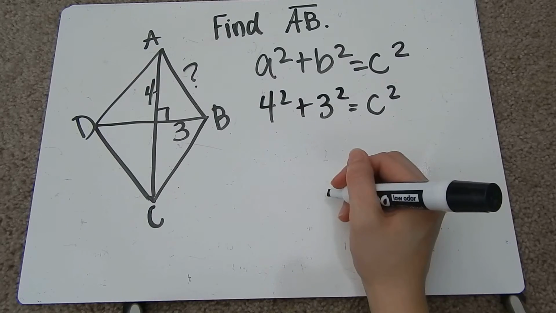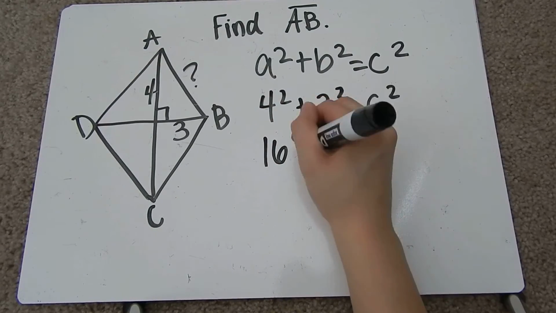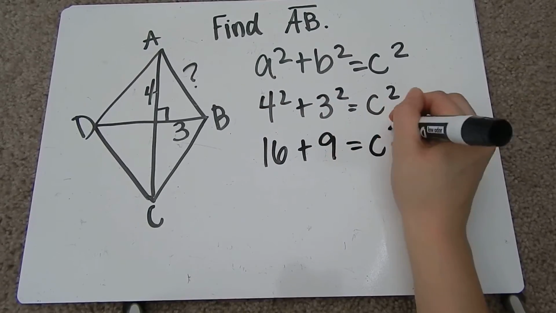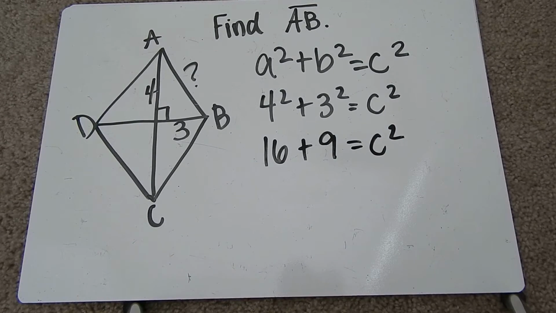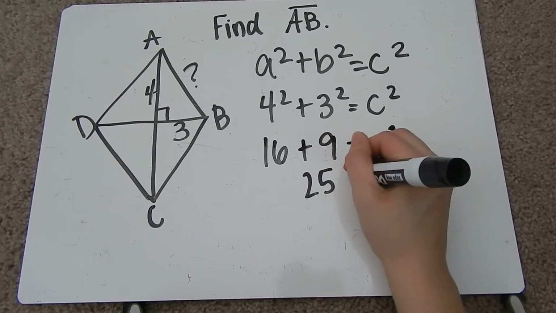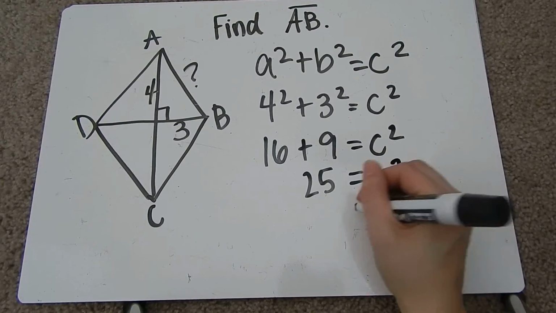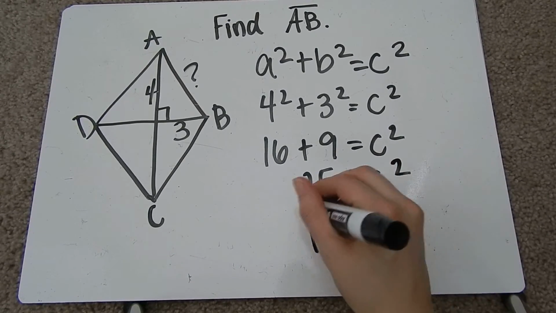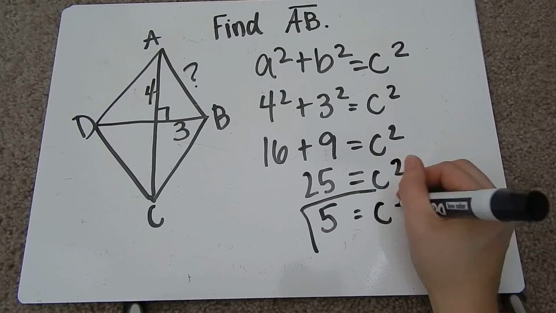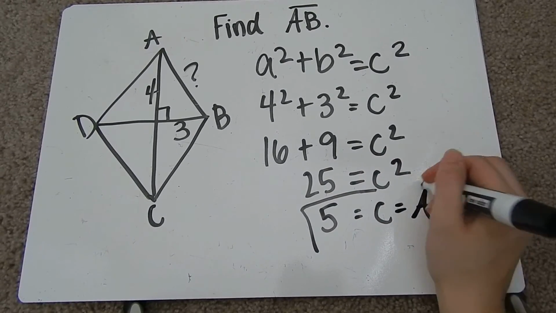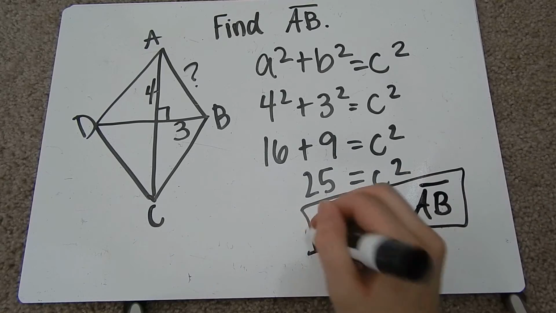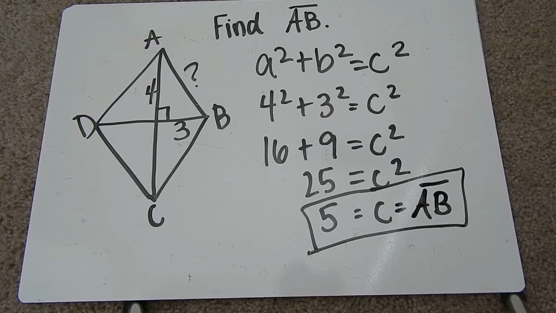Now let's actually square those numbers. 16 plus 9 equals c squared. 16 plus 9 is 25. And we're going to take the square root. The square root of 25 is 5. And so c is 5. But c is also equal to AB. So we've already found our answer when we found our c.